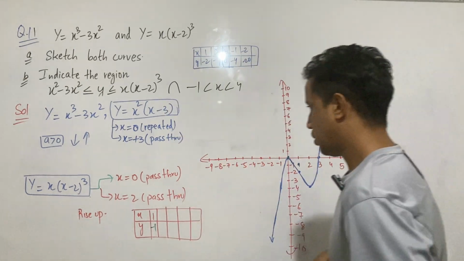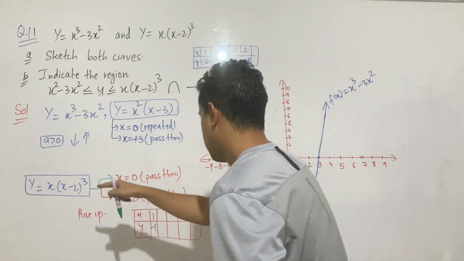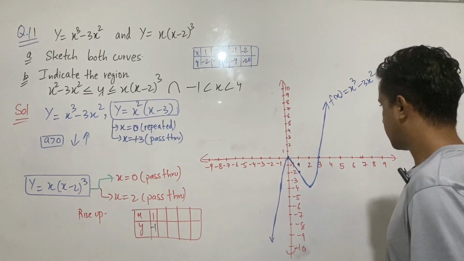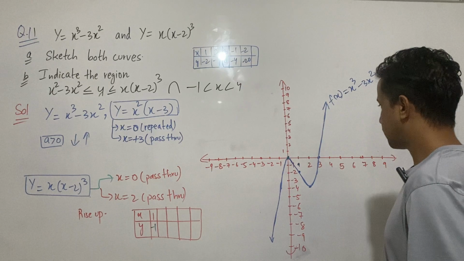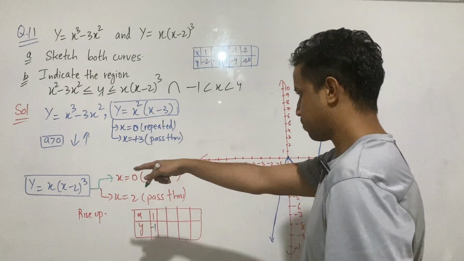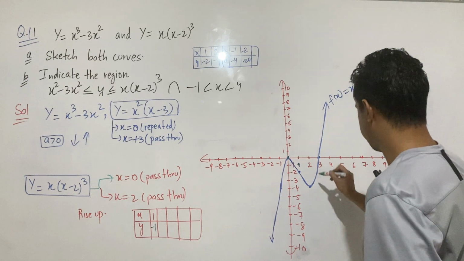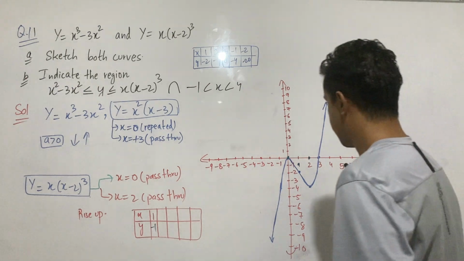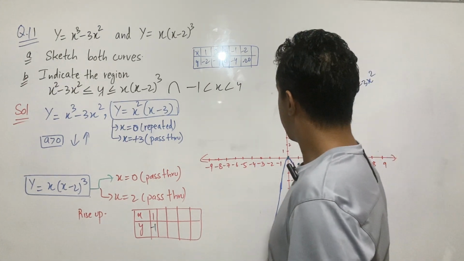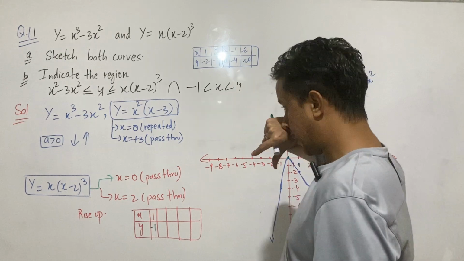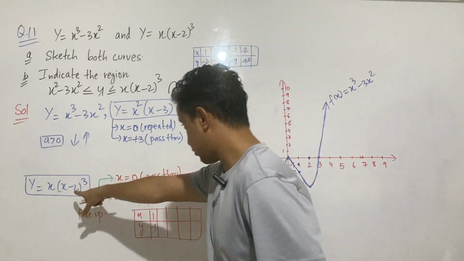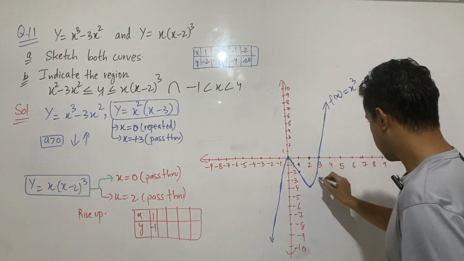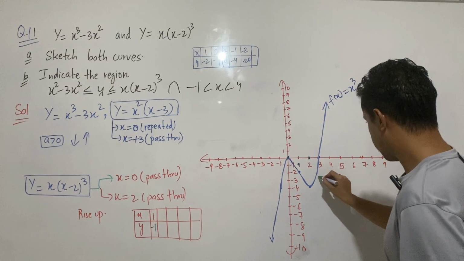For 2, it's going to be 0, right? So this one. And for 3, it's going to be 1, this one.